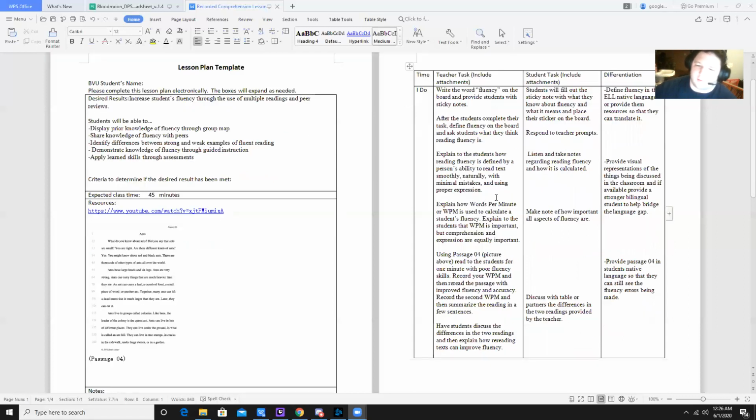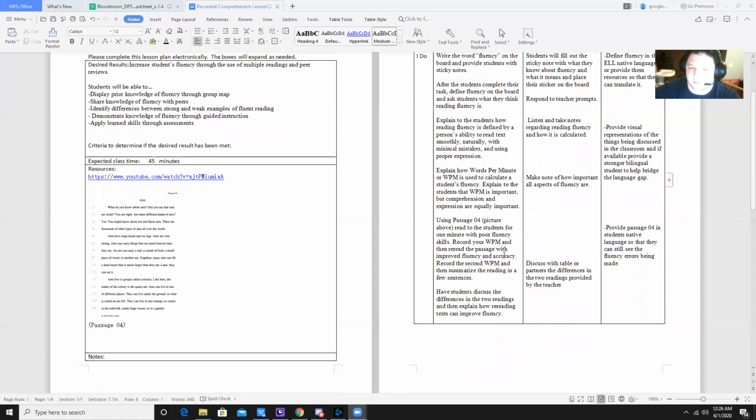fit in. So what I did from there was I explained how words per minute is used to calculate a student's fluency. So kind of like that smooth, quick read, and how many words they get correct, and that staple that we use when we're doing running records and things of that nature. And then obviously you want to tell them that comprehension and expression are equally important.